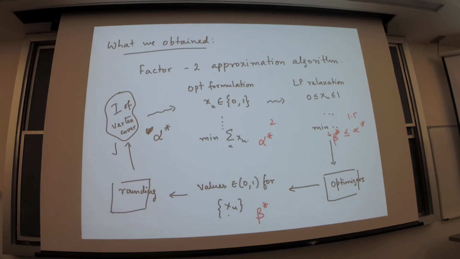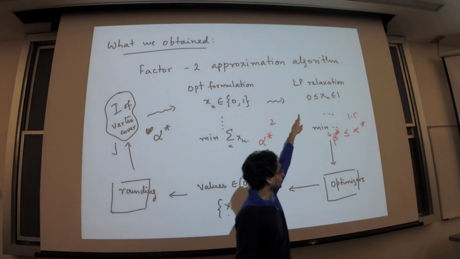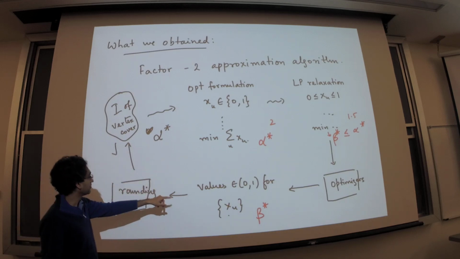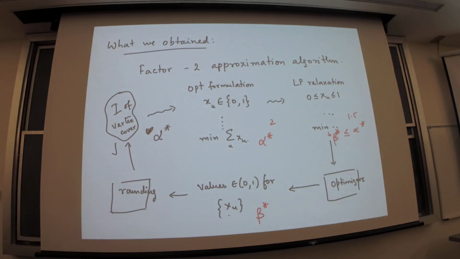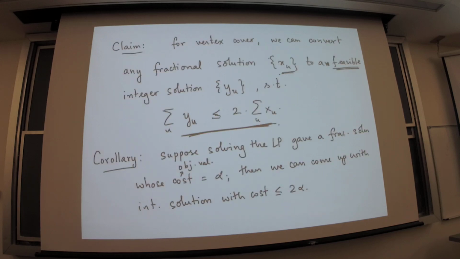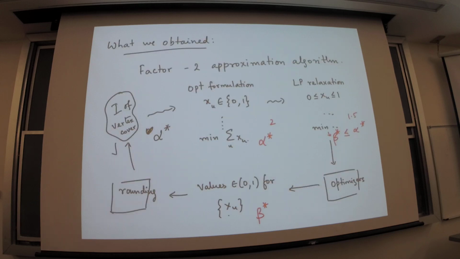Because the optimizer was actually solving this one exactly. And now what I told you by the argument in the previous slide is that we have a way of taking a solution with a certain cost and converting it to an integer solution of twice the cost. So if you had a value of beta star, it was producing a solution to the original problem of value 2 times beta star.